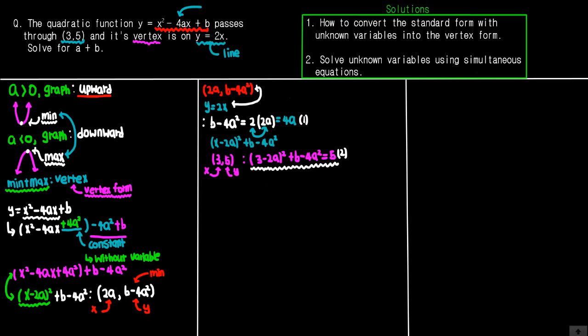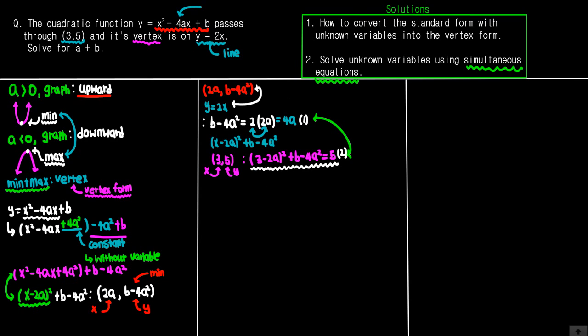So there are two equations with the same kind of variables, a and b, and a plus b is what we're trying to find. So we can use simultaneous equations, where we make one side the same, and then input the other equation to solve for the other term.